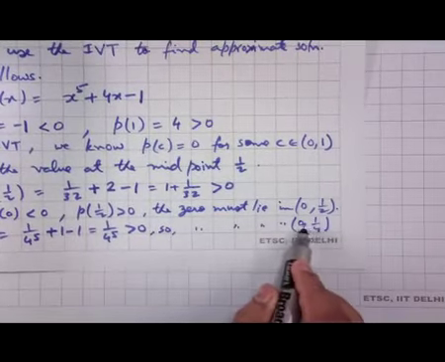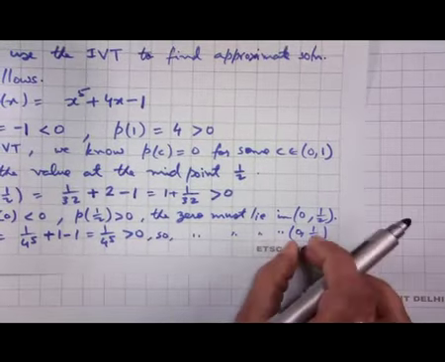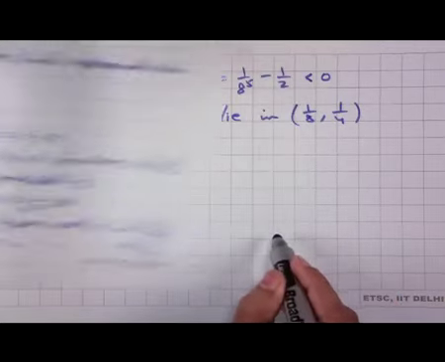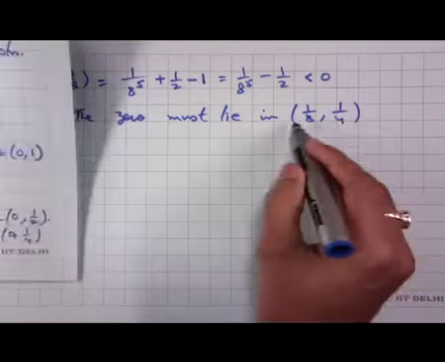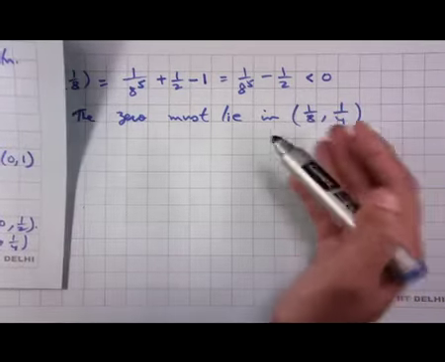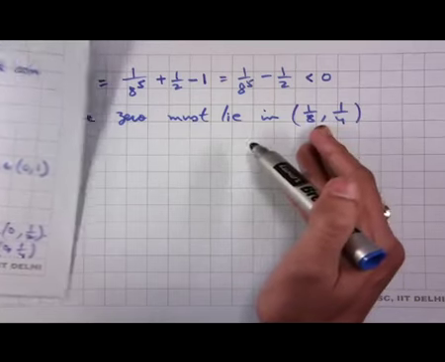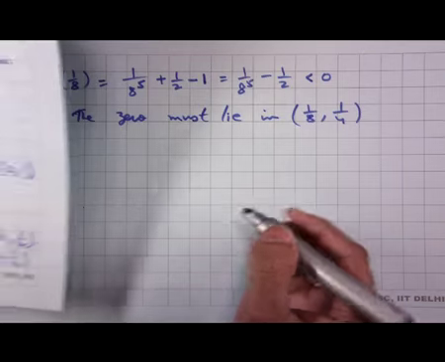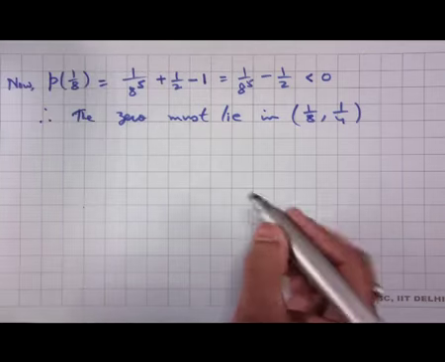Previously, we had that the 0 is between 0 and 1/4. Now, we divided into subintervals 0 to 1/8 and 1/8 to 1/4, and we know that the 0 must lie in 1/8 to 1/4. Again, you can take the midpoint of this interval, and this way you will get a better and better approximation.